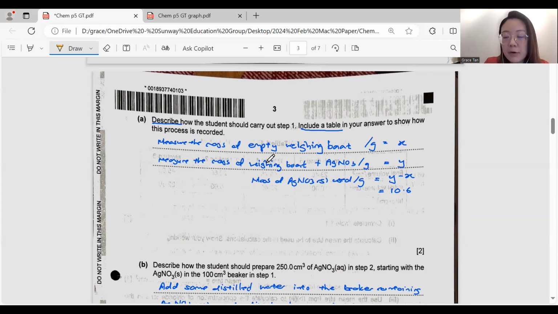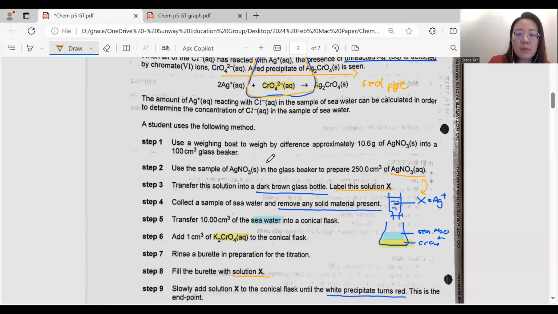And this will be heavier, of course, which I give a value called Y. Weigh by difference means you need to subtract the two numbers. So the mass of silver nitrate used is the bigger number Y minus the smaller number X, which will give approximately around 10.6. All right, so you can see the instruction over here. They say approximately 10.6 and you weigh it by difference.